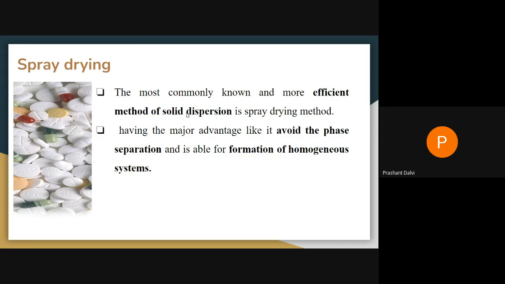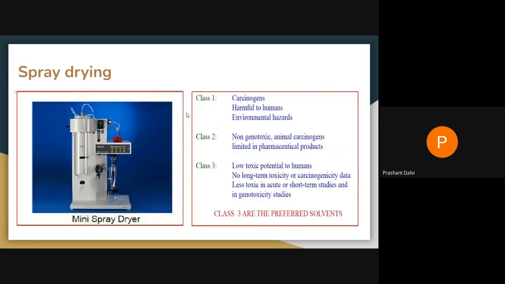So these are certain limitations of the product formed using spray drying techniques. As I already mentioned, it is a solvent-based technology. Different types of solvents are generally used for the preparation of these amorphous solid dispersions or solid dispersions.